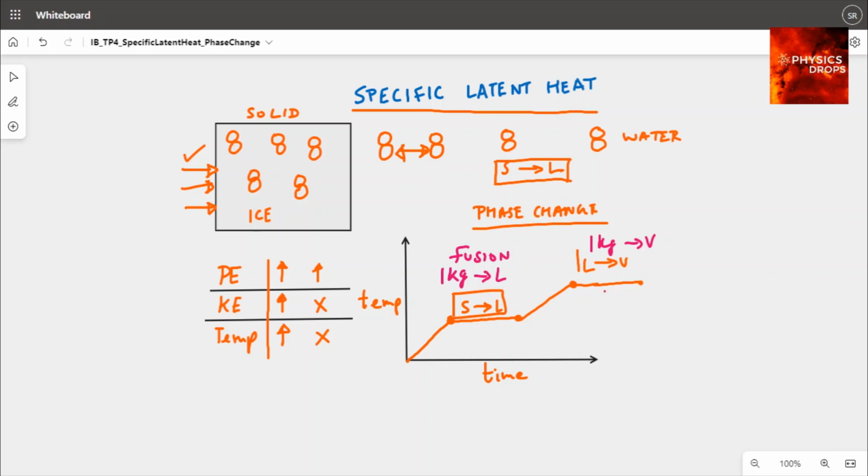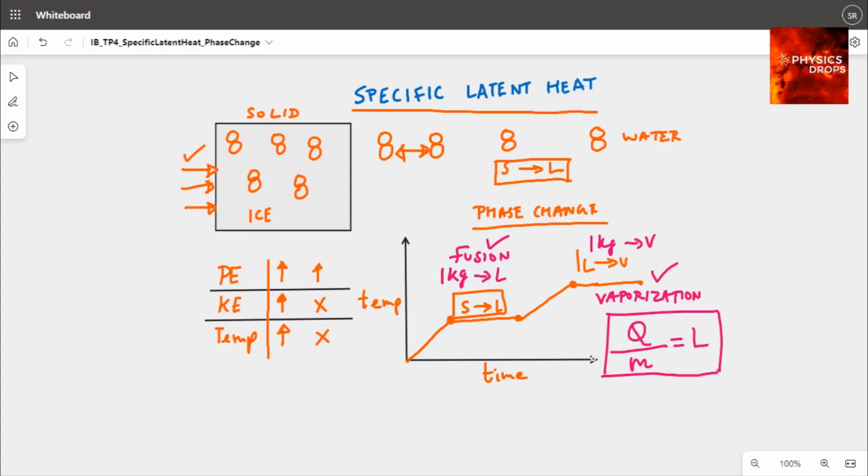And in the case of liquid to vapor, it's called specific latent heat of vaporization. So the amount of energy taken, let's say Q, to transform 1 kg of the substance to the next state is called specific latent heat. If it's solid to liquid, it's specific latent heat of fusion. If it's liquid to vapor, it's specific latent heat of vaporization.